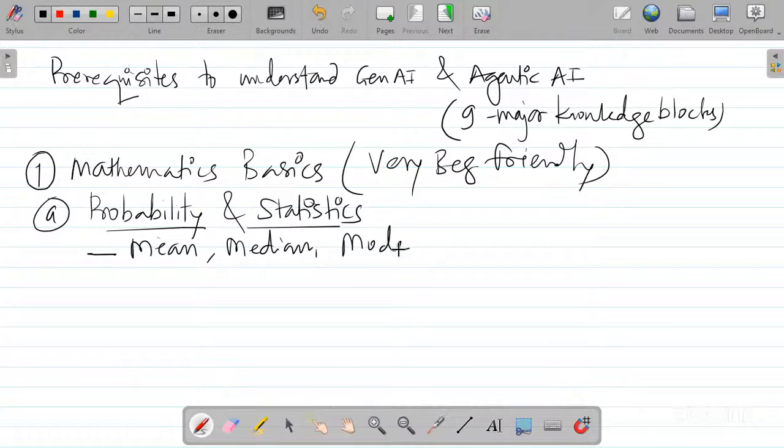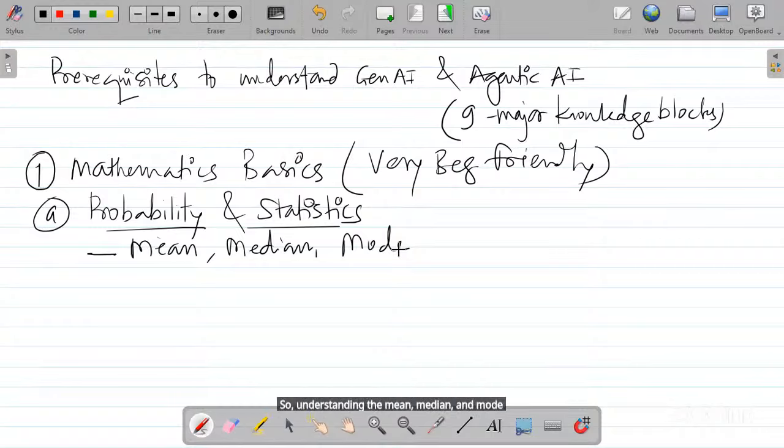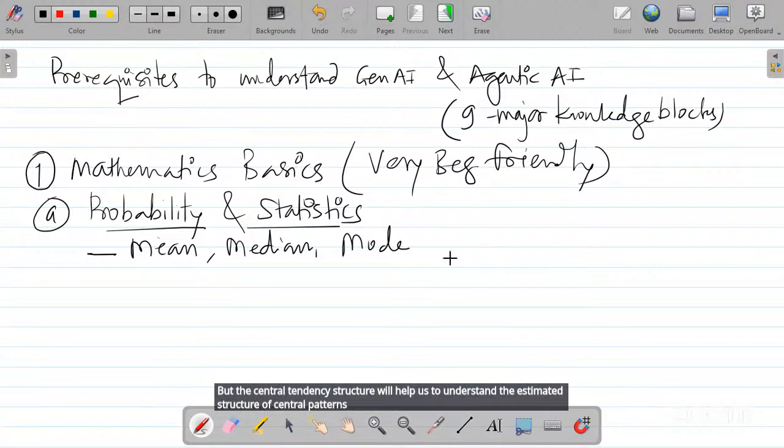So these things will help us to understand how this model works, because the foundation we need to learn, right? And later on we need to learn the application. So understanding the mean, median and mode, how it works, some sort of math is involved here, no doubt, but the central tendency structure will help us to understand the estimated structure of central patterns in the data, right?